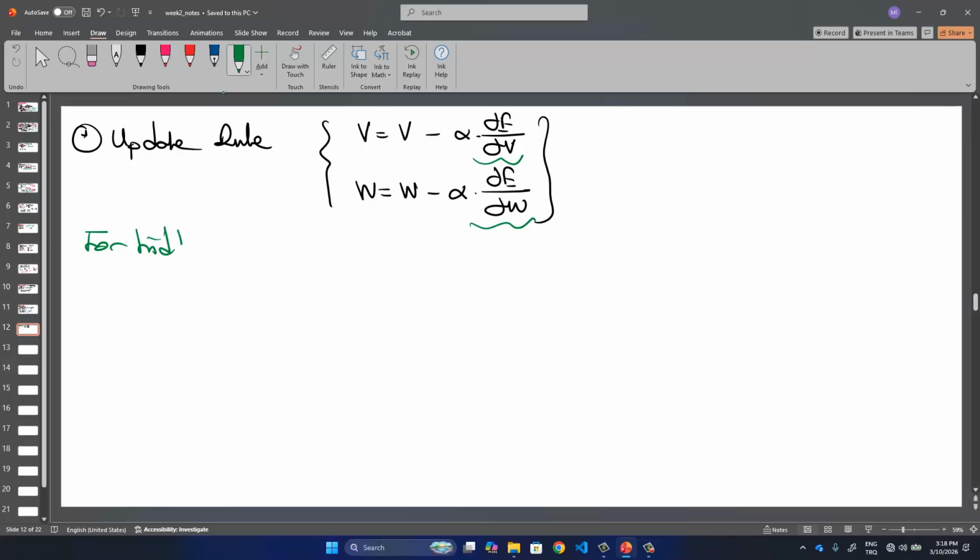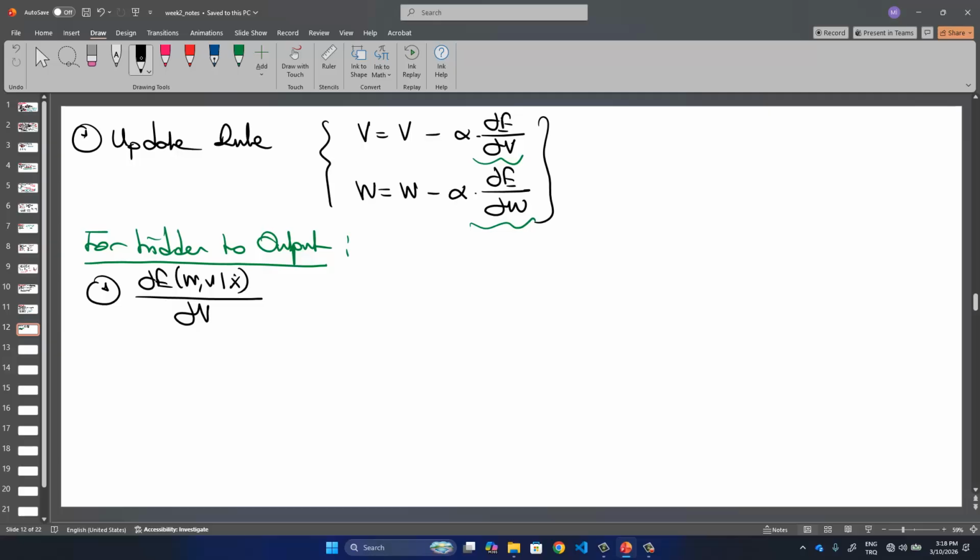So, for the hidden to output layer, guys. Okay? We need to utilize the derivative of E with respect to v_h for given x values, because v is between the hidden layer and the output one. This is simple.